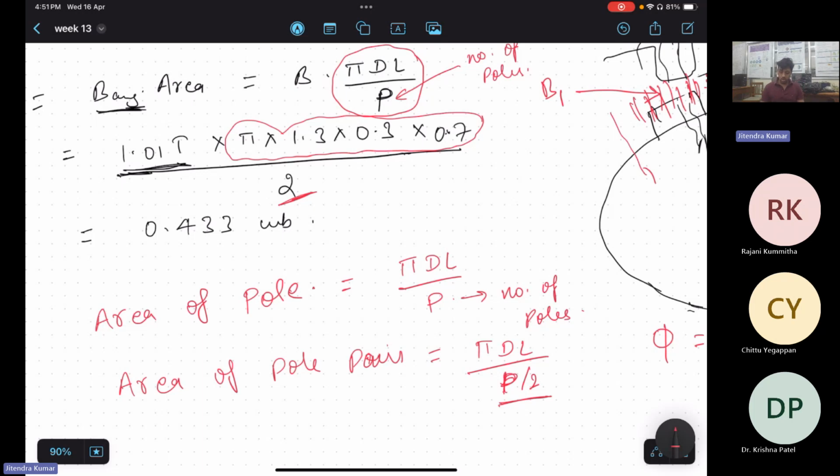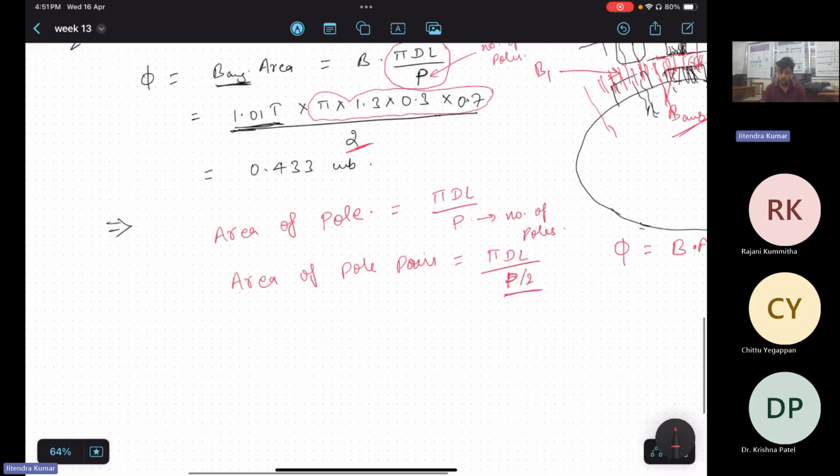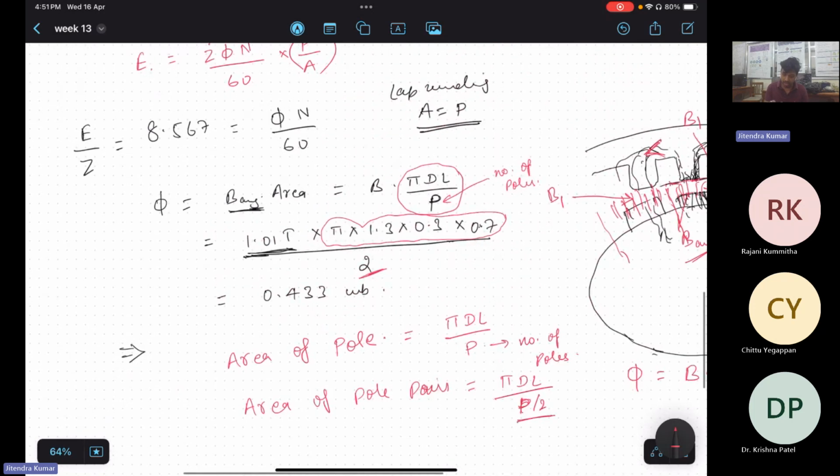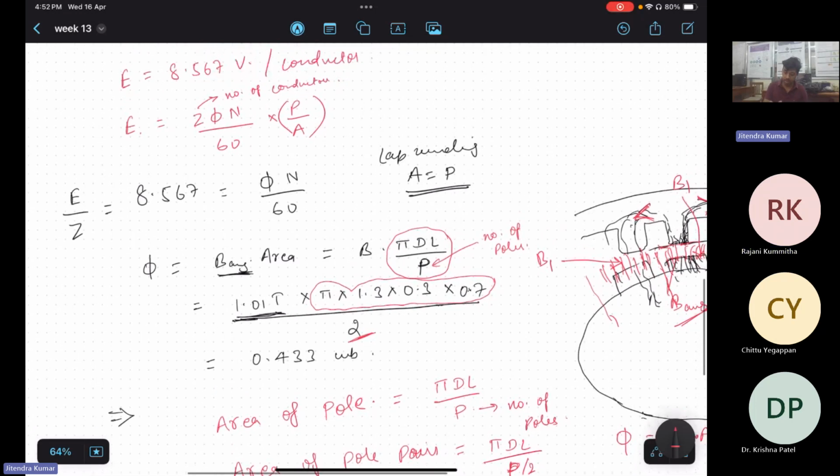So this is how we get the flux linkage. Any final comment before proceeding to the calculation of the number of conductors? So this is how we have calculated flux. We know the speed; the speed given for the machine is 600 RPM.